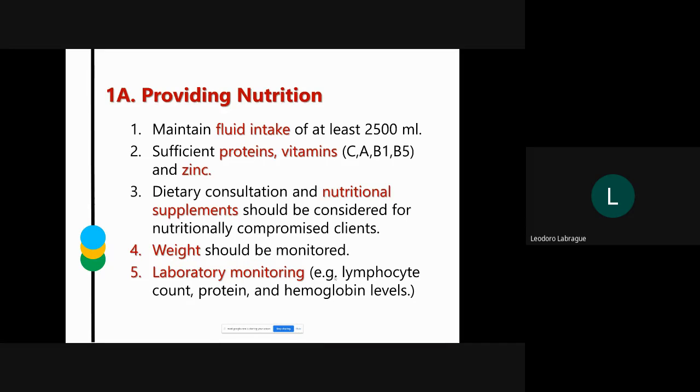By checking the lab tests of our patient, we will know if the protein level in the blood is normal. Or we will know if the patient's immune system is poor by checking the hemoglobin levels and lymphocyte counts. These are your interventions when providing nutrition to your patient to prevent pressure ulcer and wound complications.